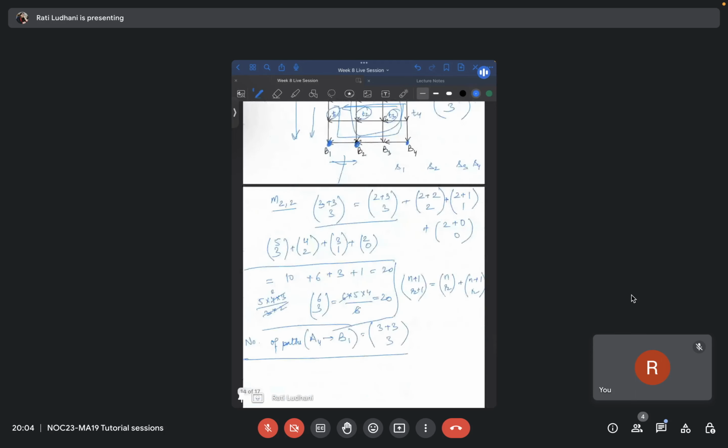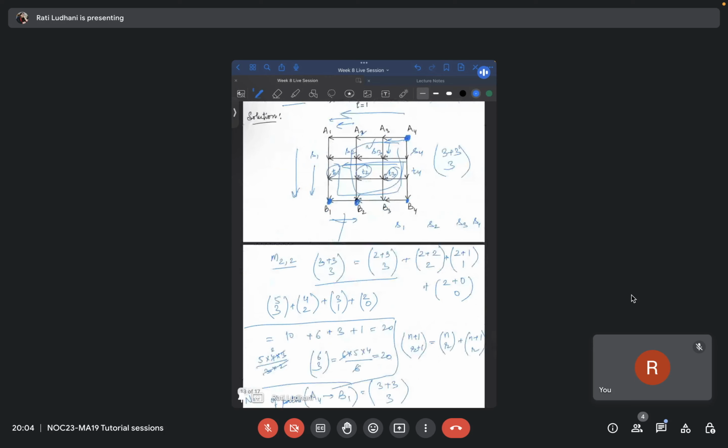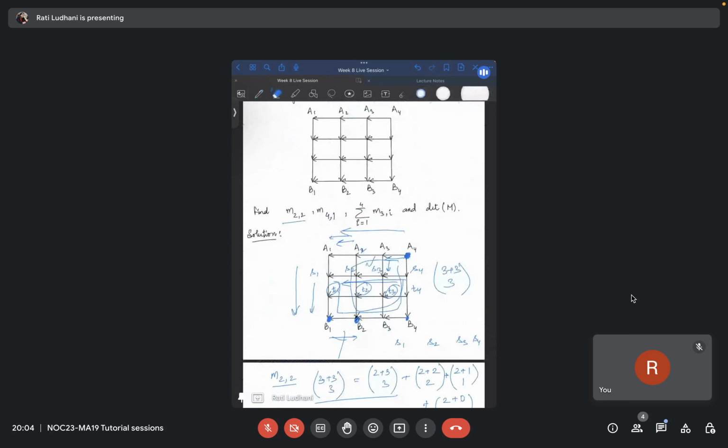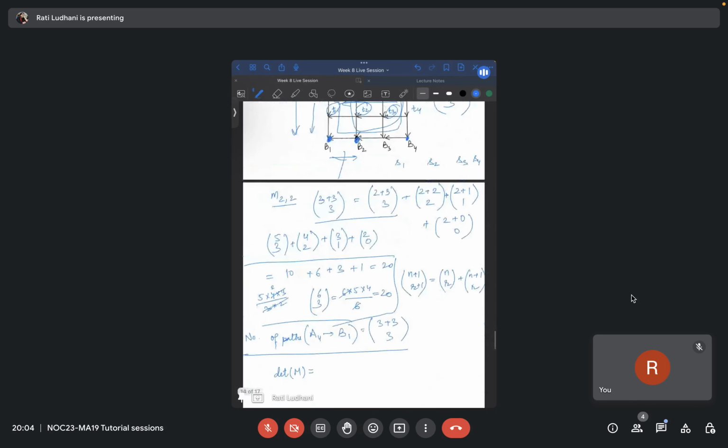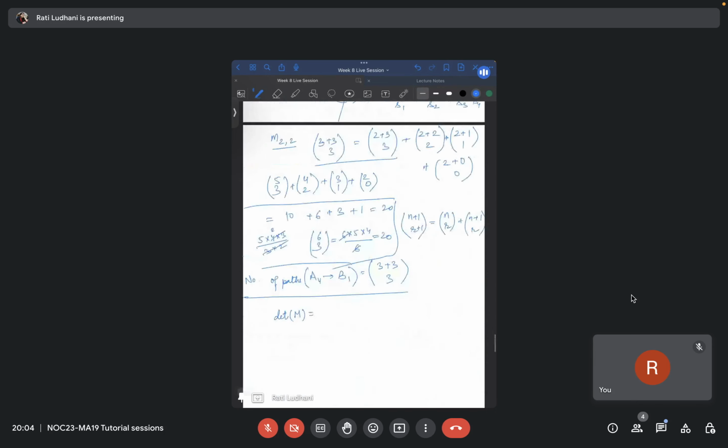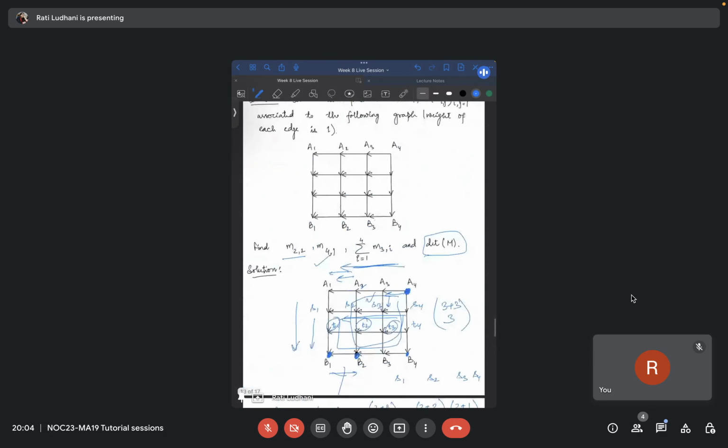Okay, so this is M2. The interesting one is actually 4 to 1. We calculated this, and now this summation you can also calculate if you have all the values. Now let's see what the determinant of M is. For the determinant of M, you need to consider the paths from A1 to B1, A2 to B2, A3 to B3 and A4 to B4.